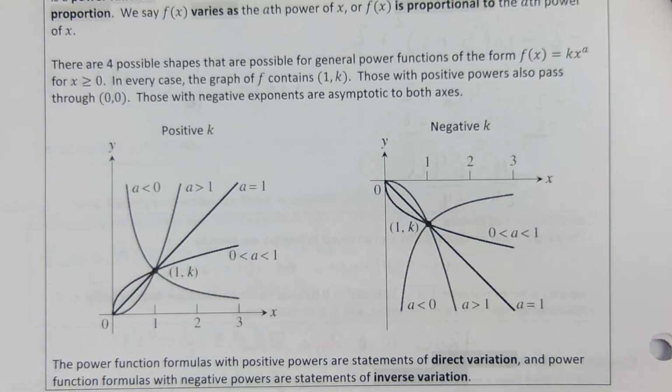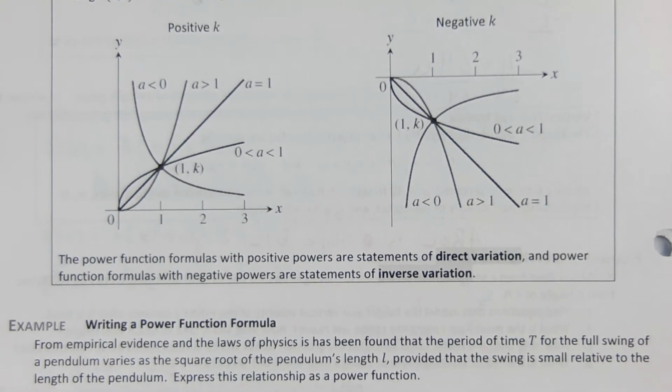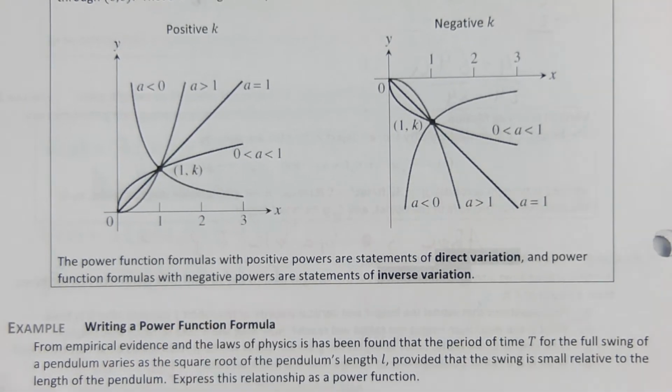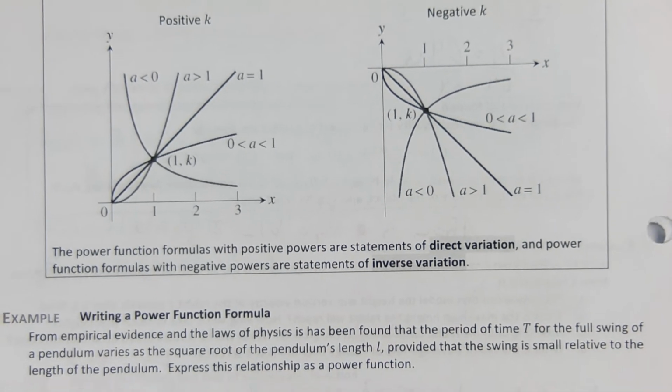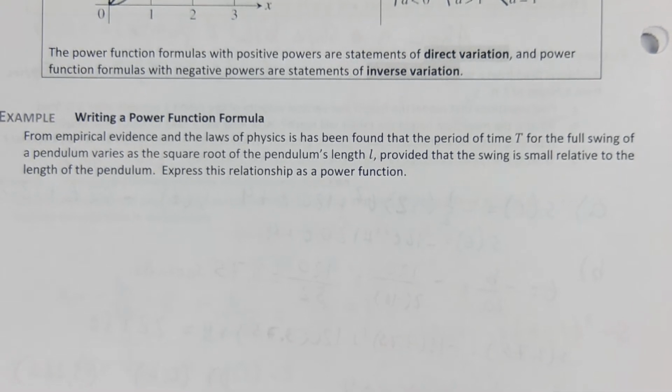Power function formulas with positive powers are statements of direct variation, and power formulas with negative powers are statements of inverse variation. And that's actually what we're going to focus on, inverse and direct variation problems. So we'll start with one modeling question so you can see what we're talking about. And then we will scribble out what's actually in the notes and write in the 2 examples I want you to be able to do, and we'll go from there.